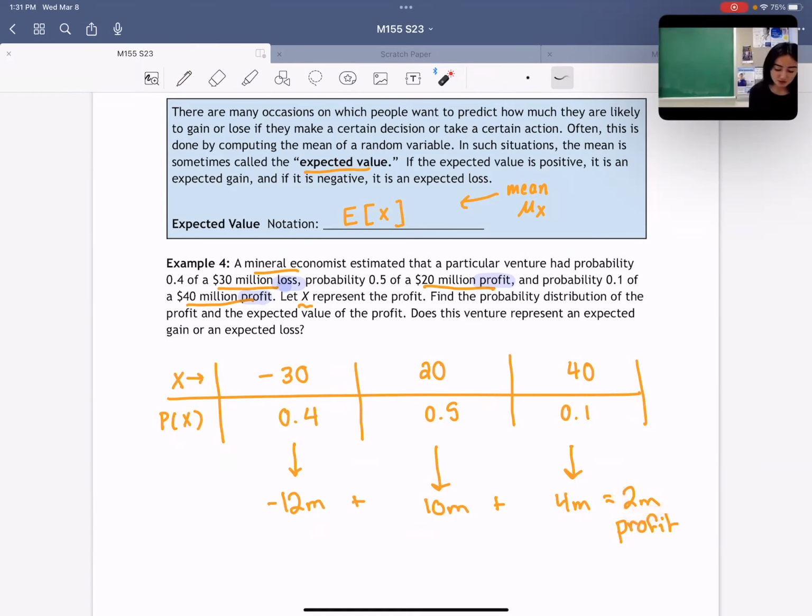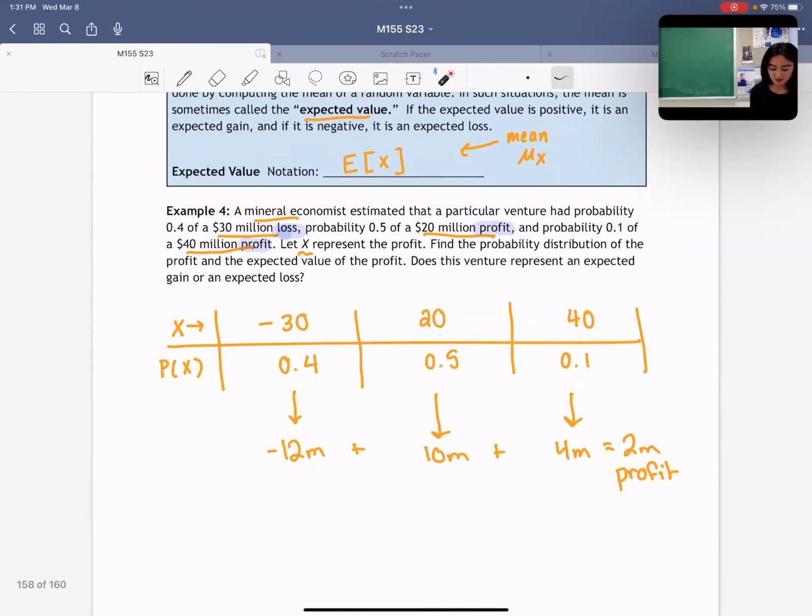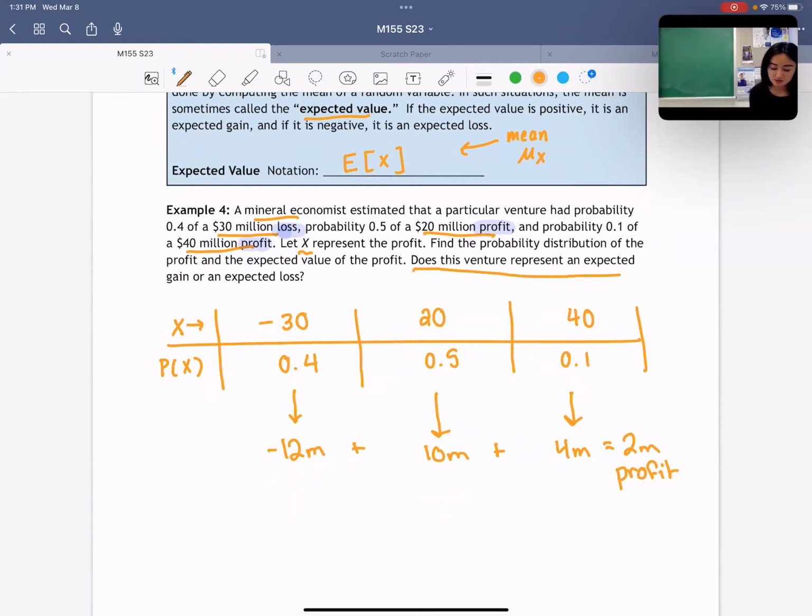And the last question was: does this venture represent an expected gain or an expected loss? I think what Jordan did is he meant gain when he said profit. Basically, what this last question is doing is just asking us, is our answer positive or negative? That's literally what this last thing is doing. So is our answer positive or negative? I spelled E-G, okay?